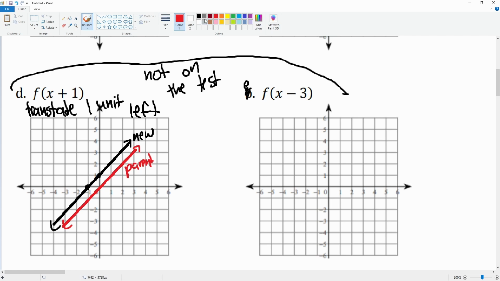And this one, it is a minus 3. So this is going to be translated 3 units to the right. Okay, so here's the original parent. I'm going to draw the parent first.